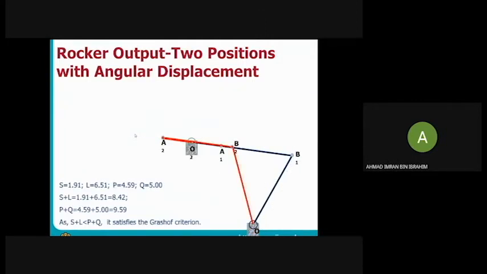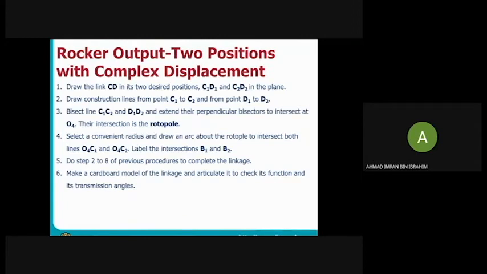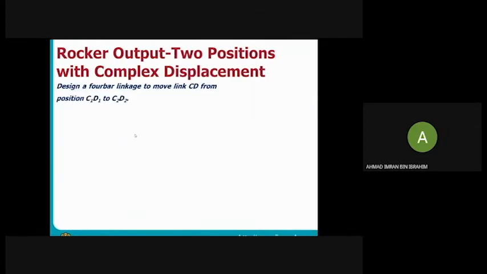All right, so the next example is rocker output, two positions with complex displacement. This one is when you have C1, D1 position. Okay, let's say you have two positions you want.